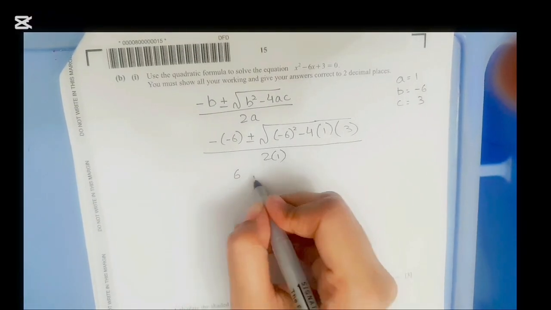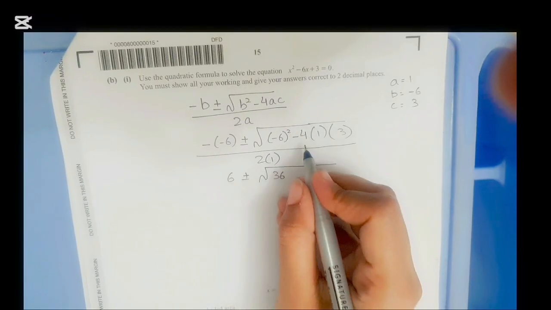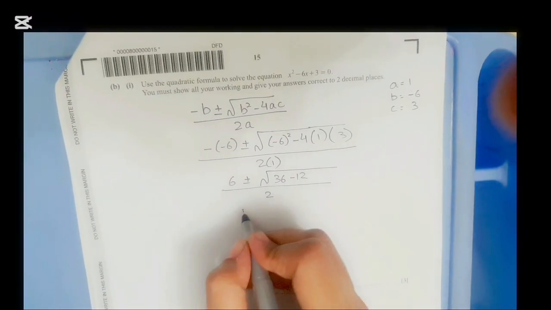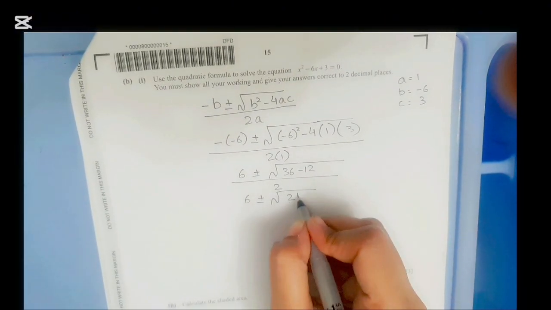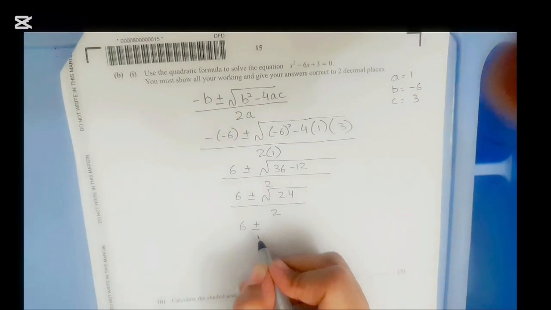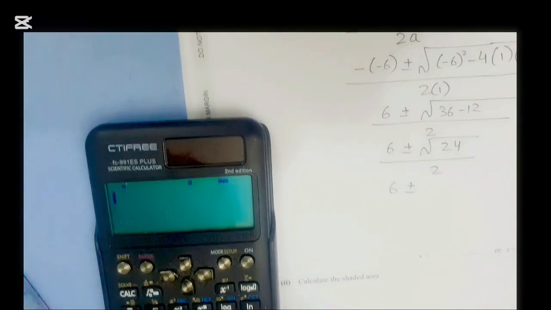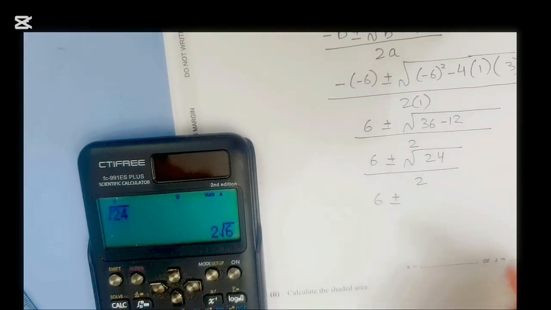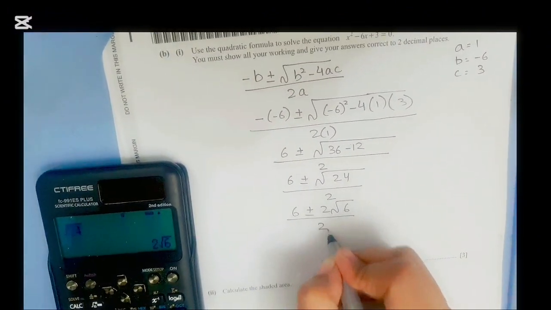So it would be 6 plus minus, if we take it out, 36 minus 12 upon 2. So 6 plus minus square root of 24 upon 2. The square root of 24 is 2 root 6, so we'll get 2 root 6 upon 2.